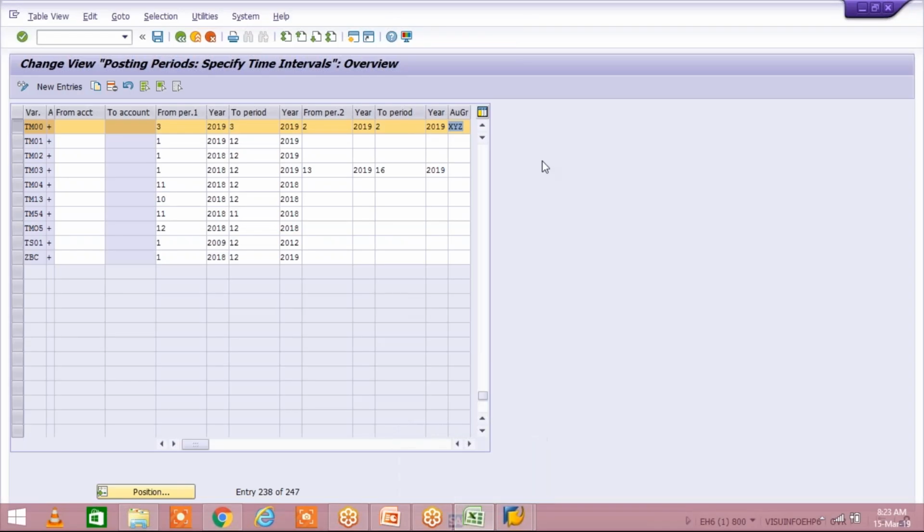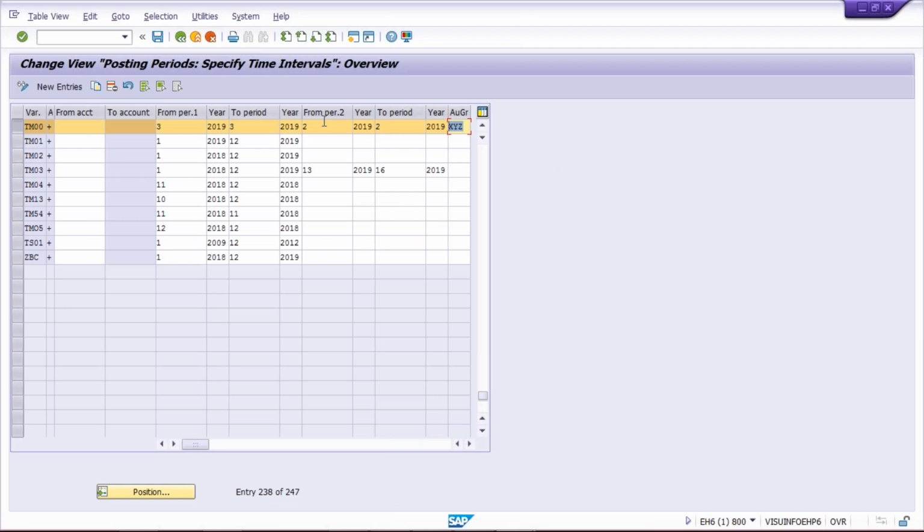Actually, in OB52, we are having a column called authorization group. So generally, if we have to open a period for a particular user, then what is happening? We are going to open the required period against that particular authorization group.